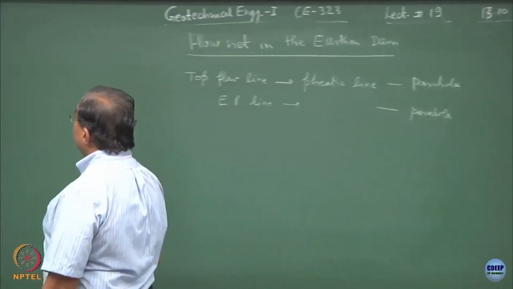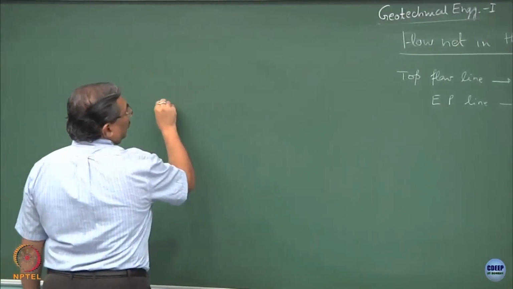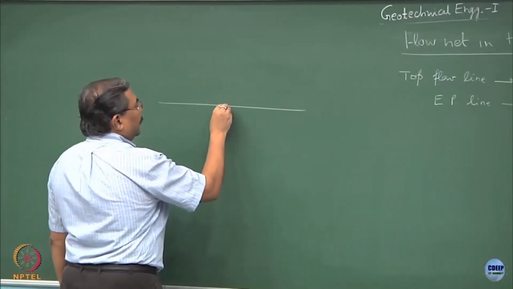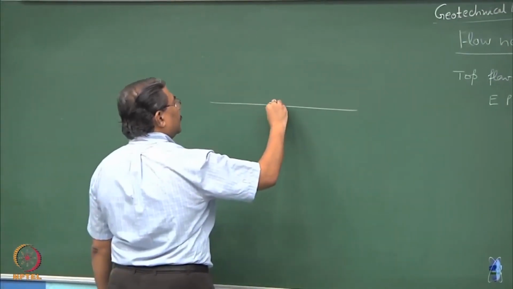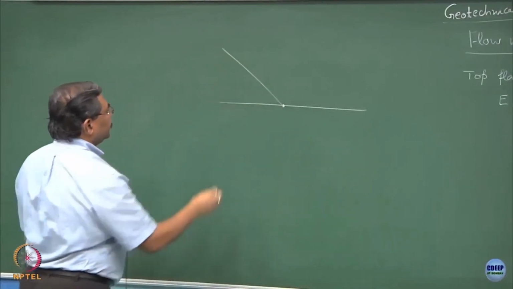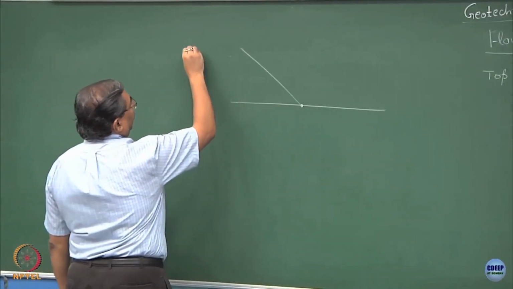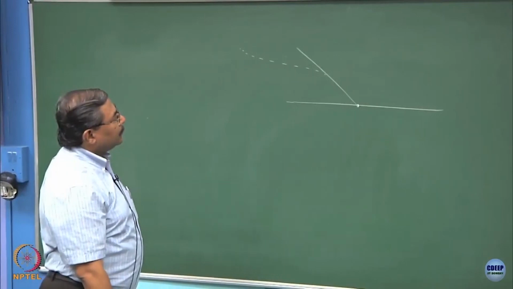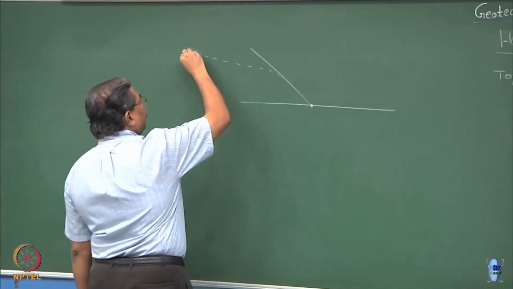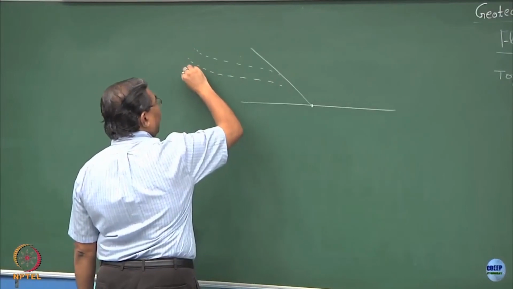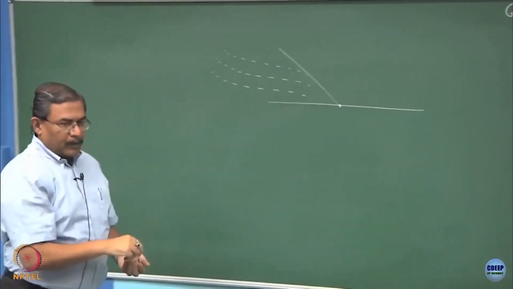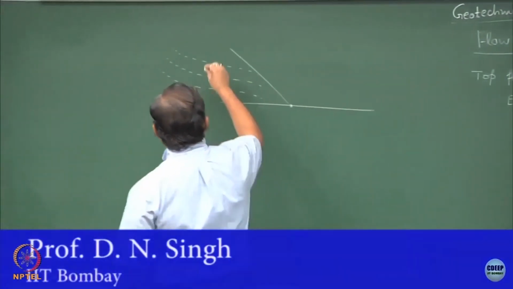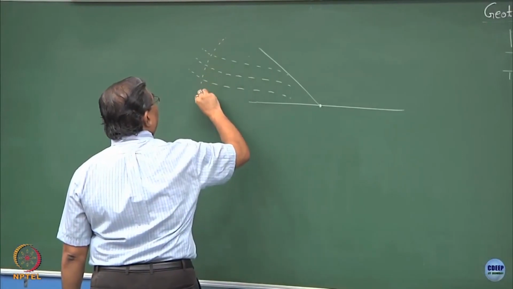So, the way we draw this is, if I consider that this is the dam and if I have the top phreatic line like this, the next phreatic line like this and like this, the equipotential lines to this would be perpendicular to the flow lines.